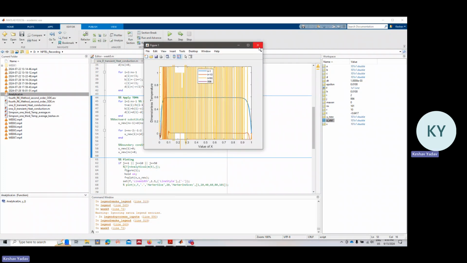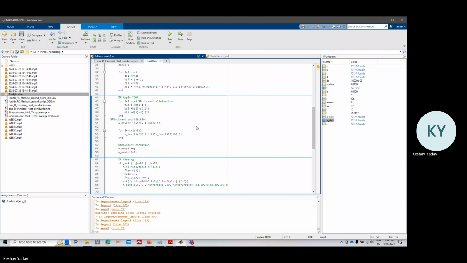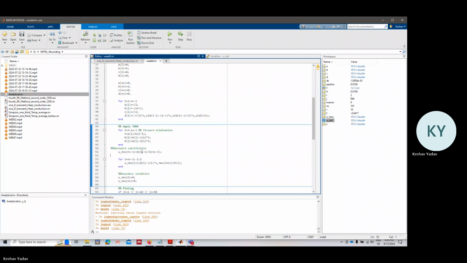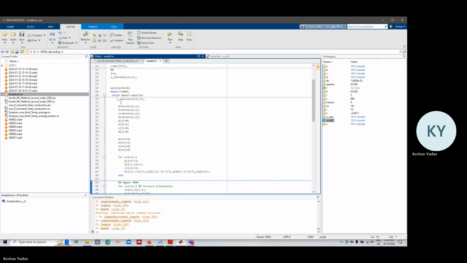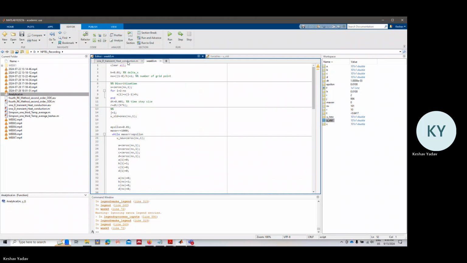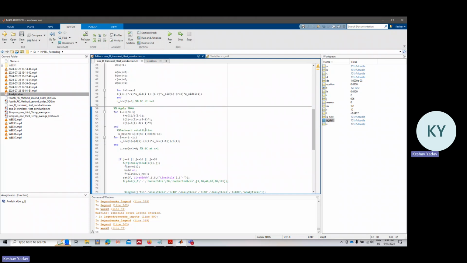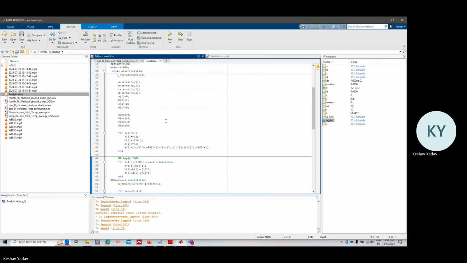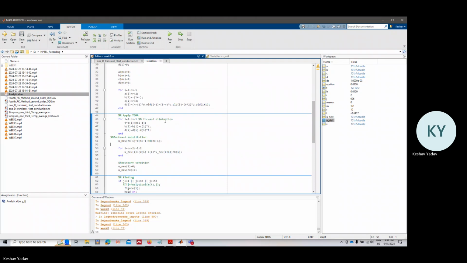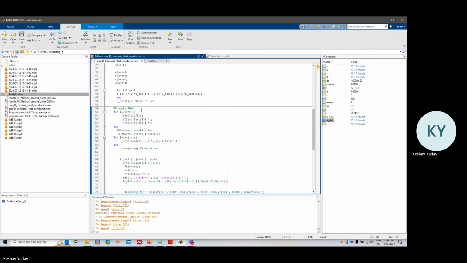There is still some mistake. Okay. So I have made this code also. So let me check here.